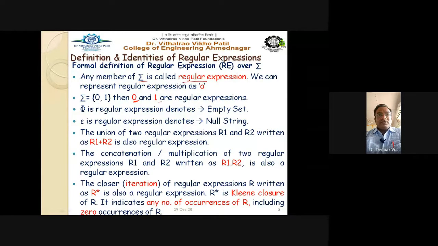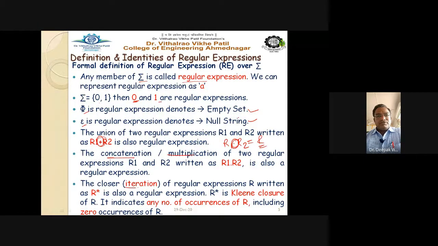Remember this point. Next, phi, the empty set, is a regular expression. Then epsilon, the null string, is also a regular expression. If R1 and R2 are two regular expressions, their union, with the plus sign as the union sign, is also a regular expression. If you concatenate or multiply two regular expressions, R1 dot R2, the result is also a regular expression.